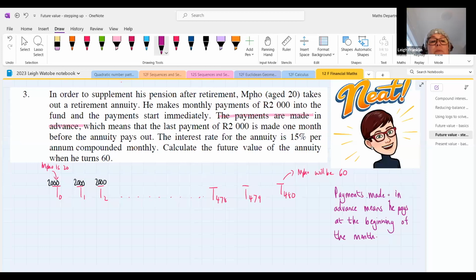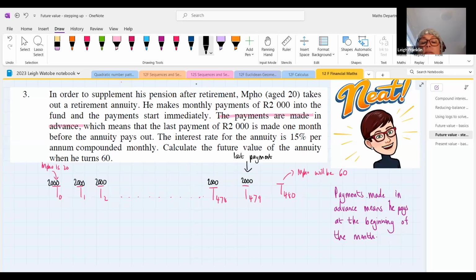Now it says, which means that the last payment of 2,000 Rand is made 1 month before the annuity pays out. So now he's going to pay over here, and he's going to pay over here, but he's not going to pay at T480 because the last payment is made 1 month before the annuity is paid out. So this is his last payment.